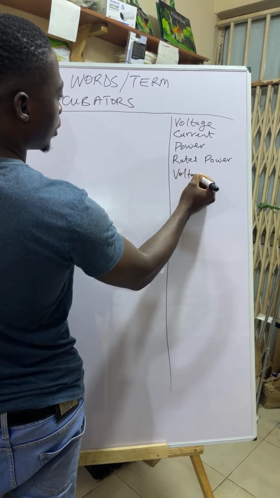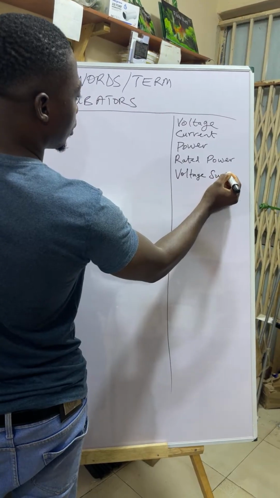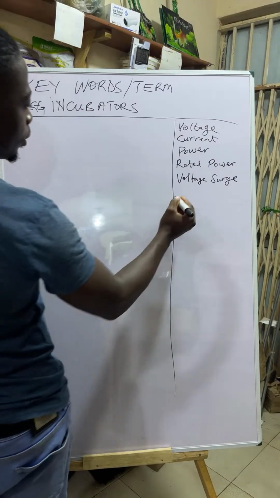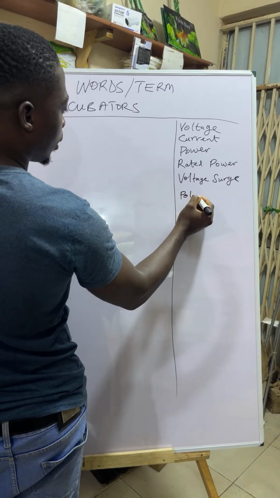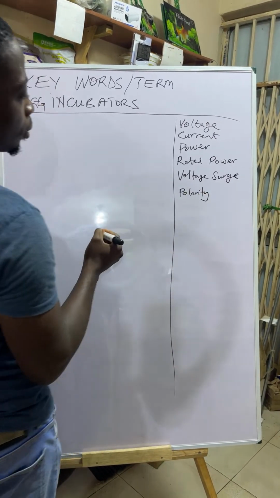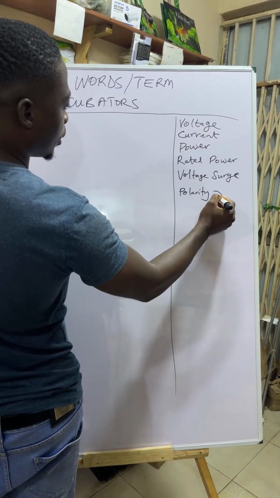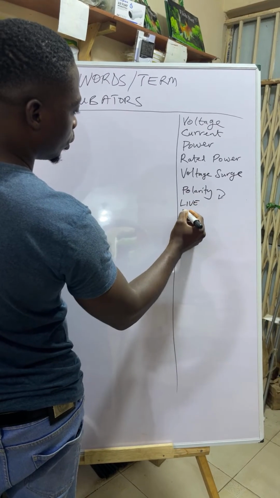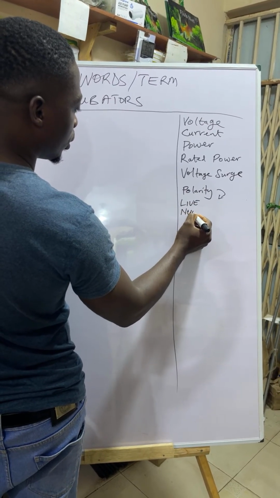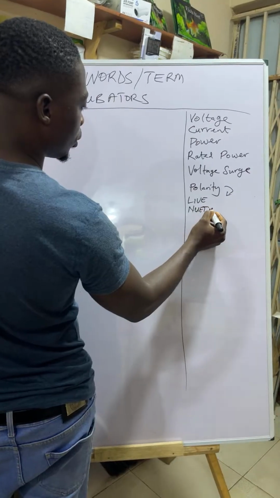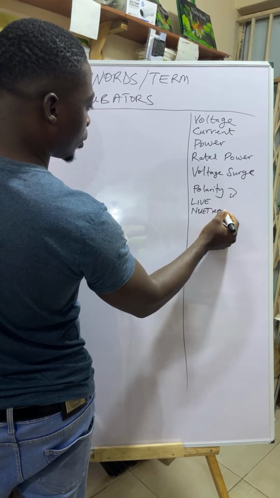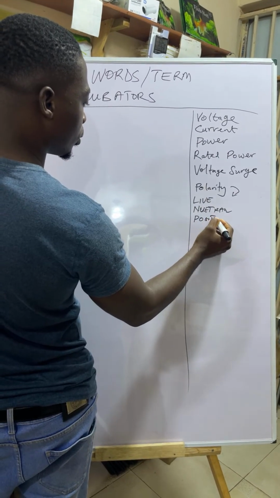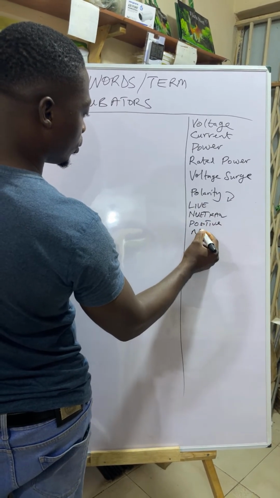And then we have voltage surge, and then we have polarity. Under polarity, you have live, neutral, positive, negative.